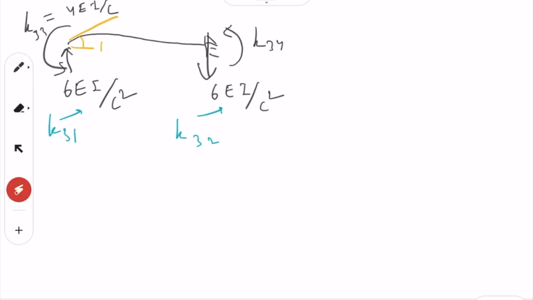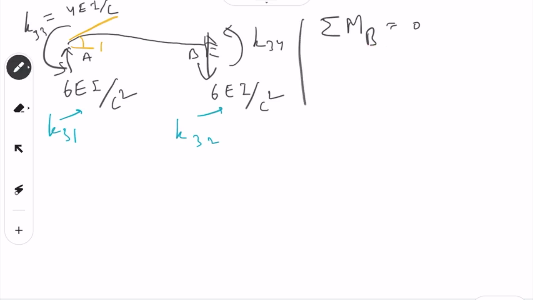So again we say point A here, point B. So moment about point B has to be equal to 0. So we can use this mechanics to find out K34. We already have this in balance. You can see the upward force is equal to 0, this upward, this downward, only moment we have to see.